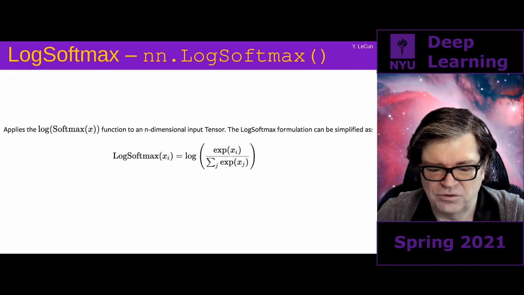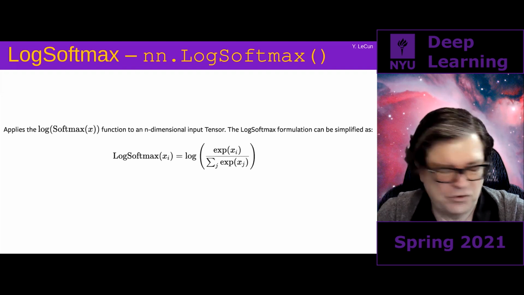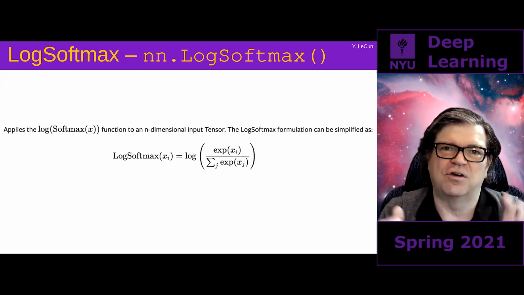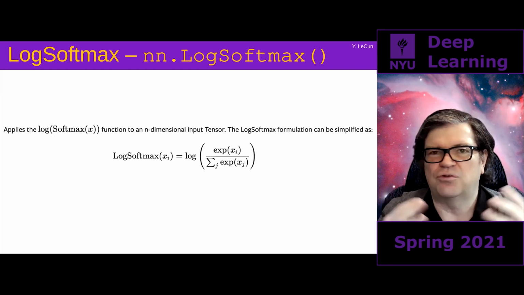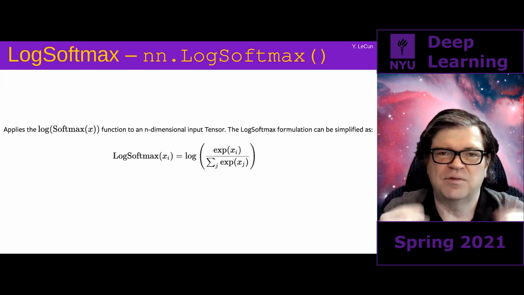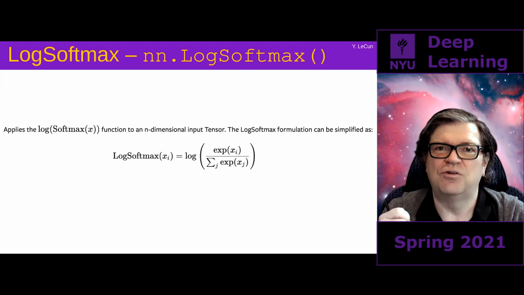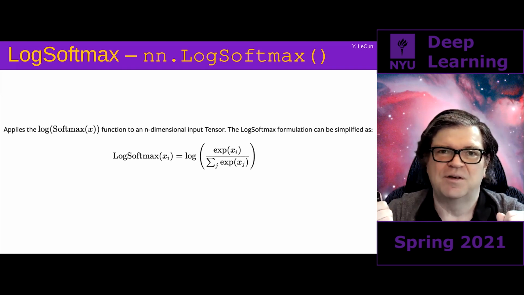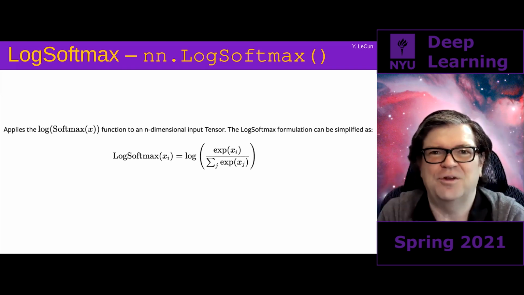So what does that do for you? As I said, the softmax itself turns the scores coming out of the neural net, whatever they are, into a bunch of numbers between 0 and 1 that sum to 1. And then you take the log of that, and you're back in the same space as the original x inputs, because the log kind of cancels the exponential.